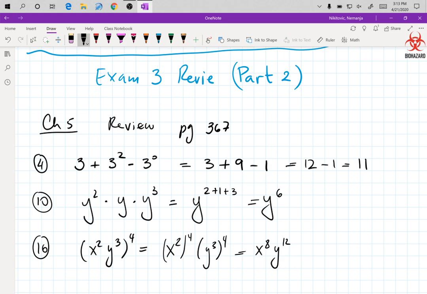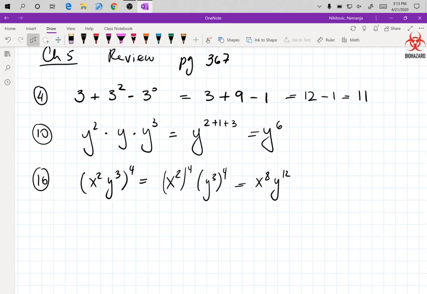So let's see what else is good. You can have the entire expression, and that's okay. So a plus b squared times a plus b to the fourth. I'll give you some time there.